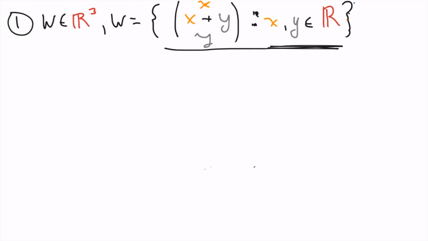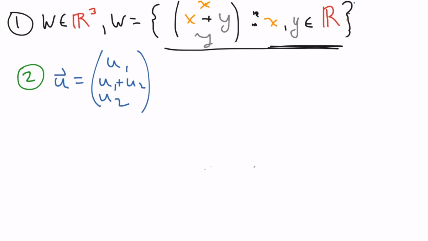which is that if we have two vectors that are in W and we add them together, then their sum should also be in W. So let's just make up two vectors, for instance. We'll call one U, and we will call the other V. Let's make U equal to U1, U2, U1 plus U2.